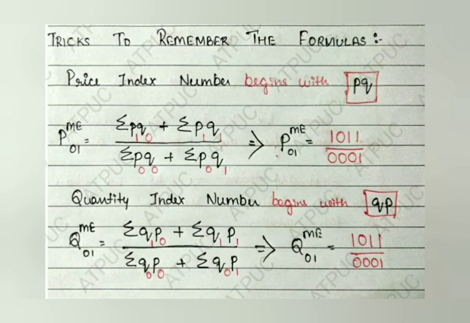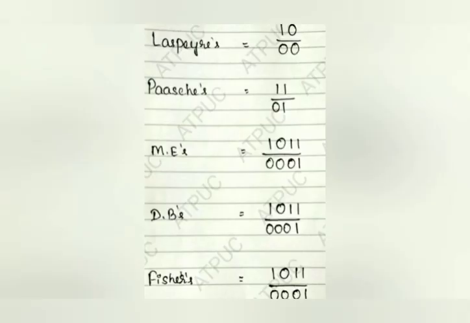If you take those current year and base year, only 1011 divided by 0001 will be there, isn't it? And we need to keep in mind only this. In the same way, try to understand by applying it even for the quantity index number. Here is the simplified form of our formulas. Try to remember the formulas this way and set the target to score the entire 26 marks in this chapter.